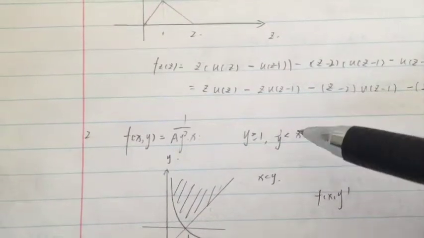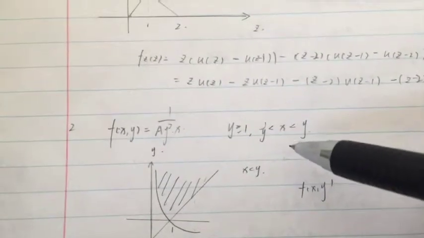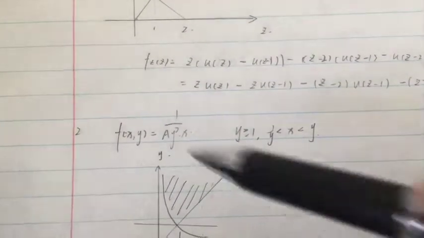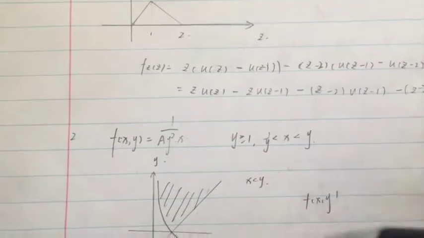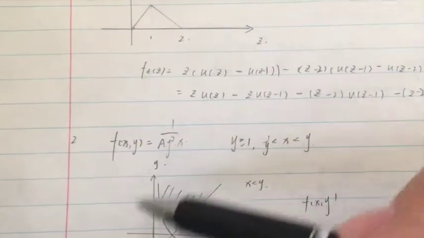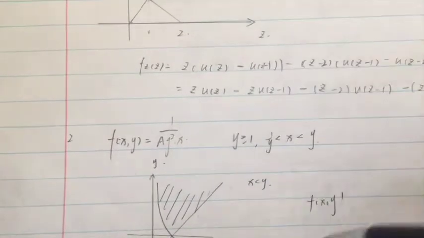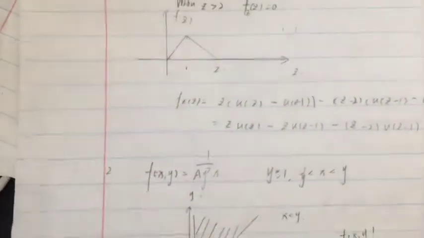Y is larger than 1 and x is between 1 over y and y. And we can draw a picture of that and get the shaded area of the range.